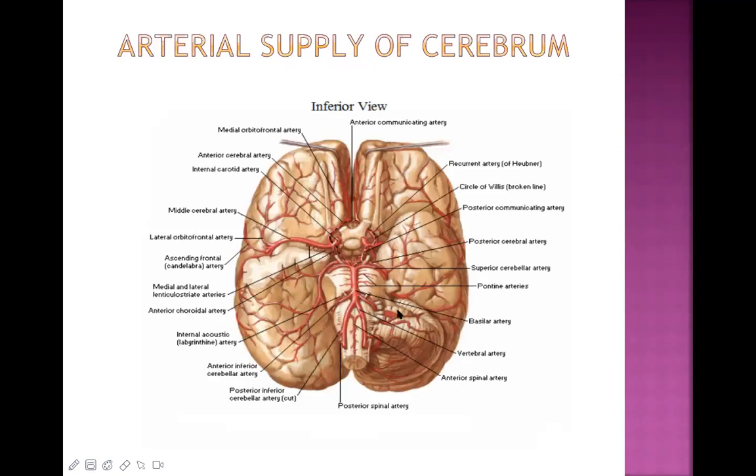When it reaches the base of the brain, the two vertebral arteries will combine together and form the basilar artery. This basilar artery will ultimately divide into two terminal branches called the posterior cerebral arteries. In between, it will give blood supply to many structures present there.